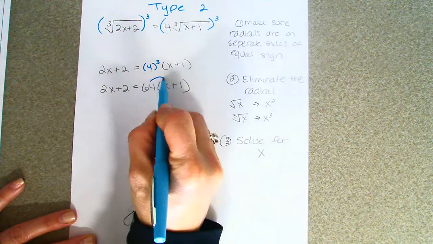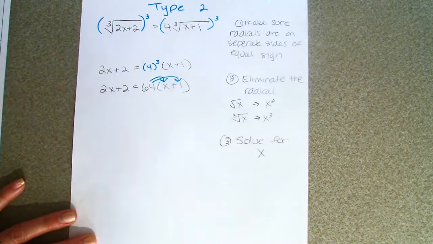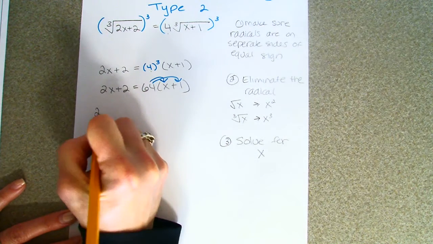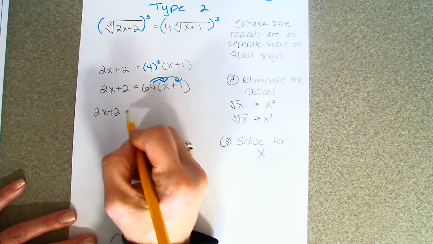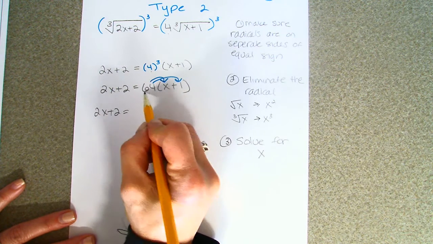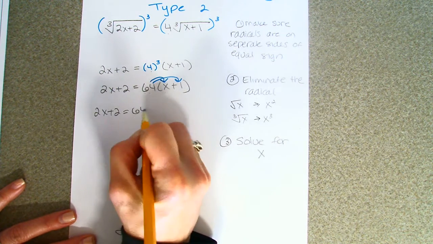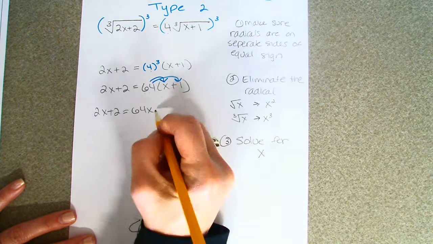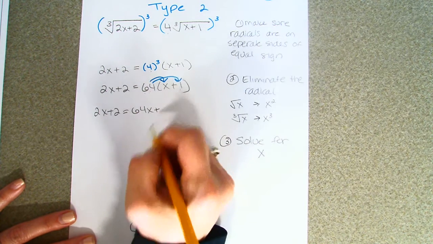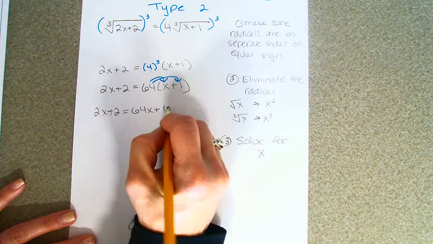So I need to distribute my 64. So on the left, I still have 2x plus 2. I still have my equal sign. 64 times x is 64x. I've got my plus, and 64 times 1 is 64.